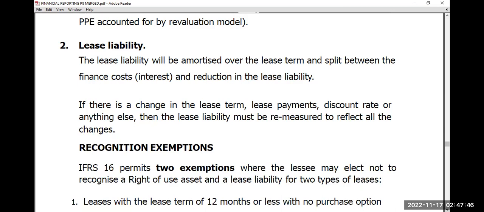And we are saying if there is a change in the lease term, lease amount, discount rate, or anything else, then the lease liability must be remeasured to reflect all the changes. This is what we shall look at under lease modifications.